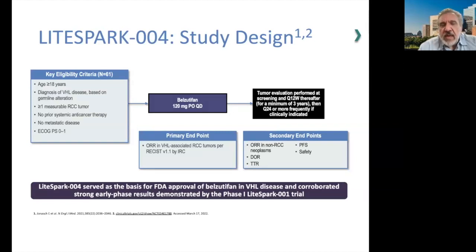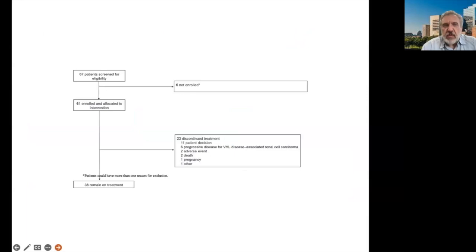These patients were taking 3 tablets of 40 milligram, a total of 120 milligram, every day at once. So you take the 3 tablets, not a tablet 3 times a day, and you take them continuously, no breaks, no stops. And the endpoint of this was, what was the response in renal cell carcinoma? But of course, we also have patients who had pancreatic neuroendocrine tumors and hemangioblastomas.